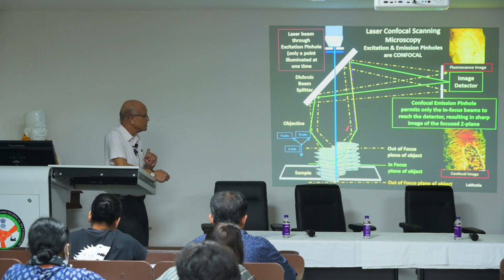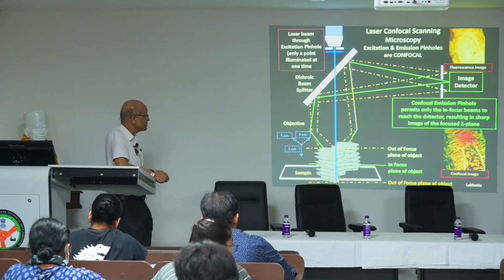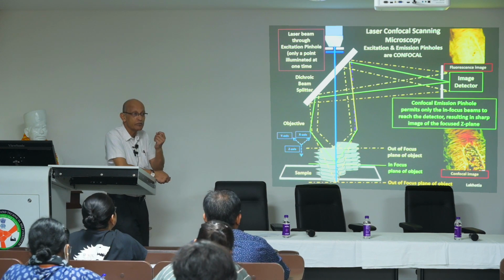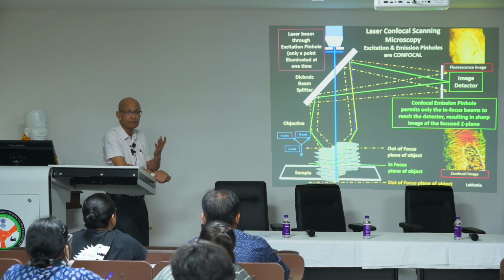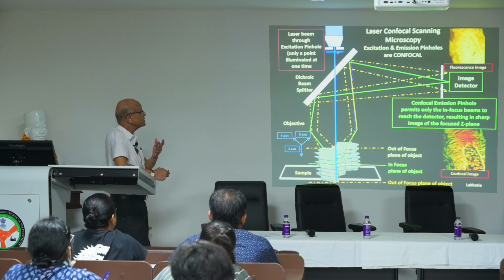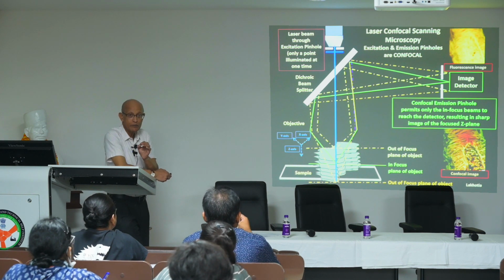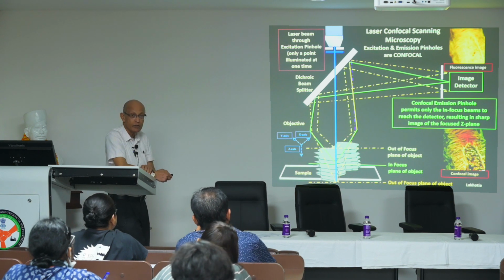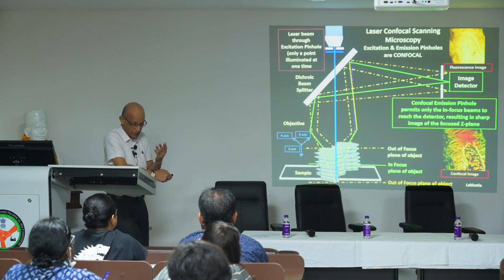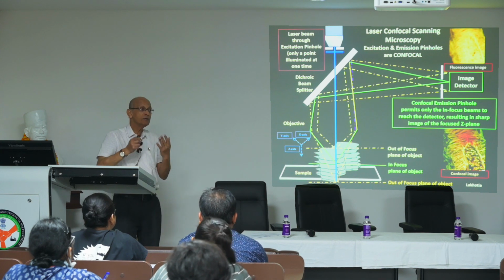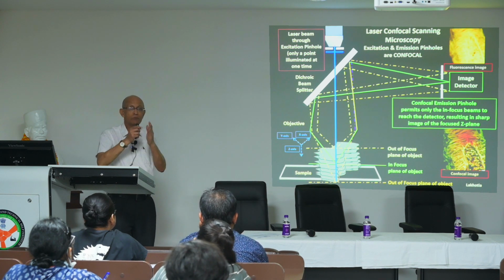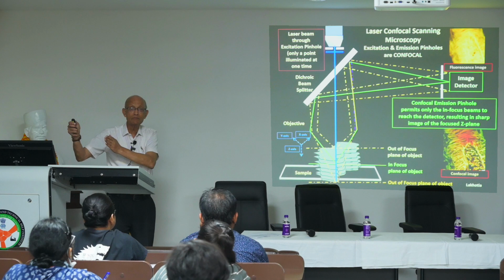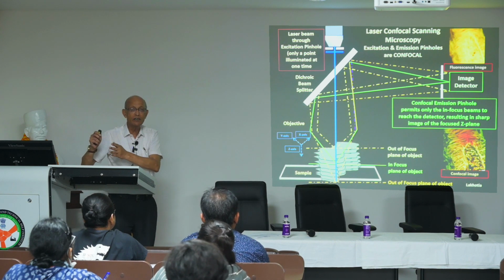Now, but this introduces one problem. The problem is that we are seeing at a particular time just one point of the tissue, not the entire field of view, because you are illuminating it with an extremely small point, and the image from that one small point only is coming to your eyes or to the detection system. Our eyes or brains have one limitation: we can't keep on remembering what we saw even a fraction of a second earlier.